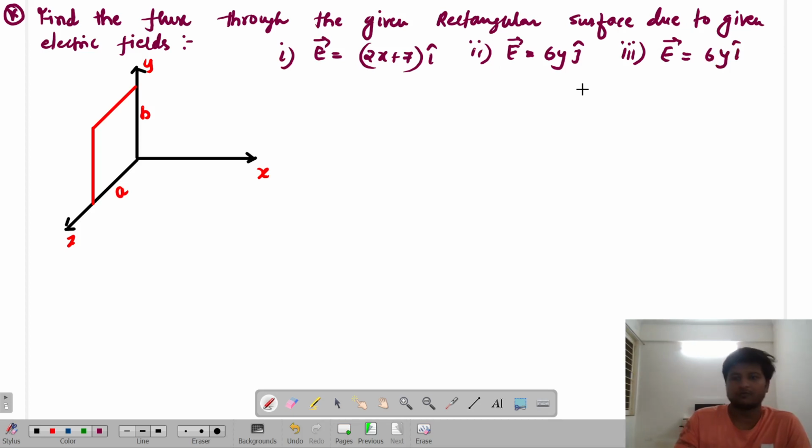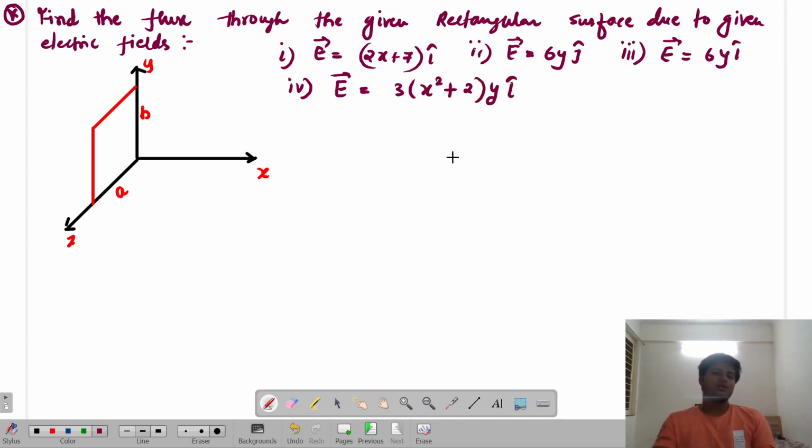The fourth electric field is 3x square plus 2y i cap. So I have got such kinds of electric fields. We pass one electric field, then switch it off, then pass another electric field, then switch it off. For all of these electric fields I'll get different flux or not? Find the flux for all those electric fields.